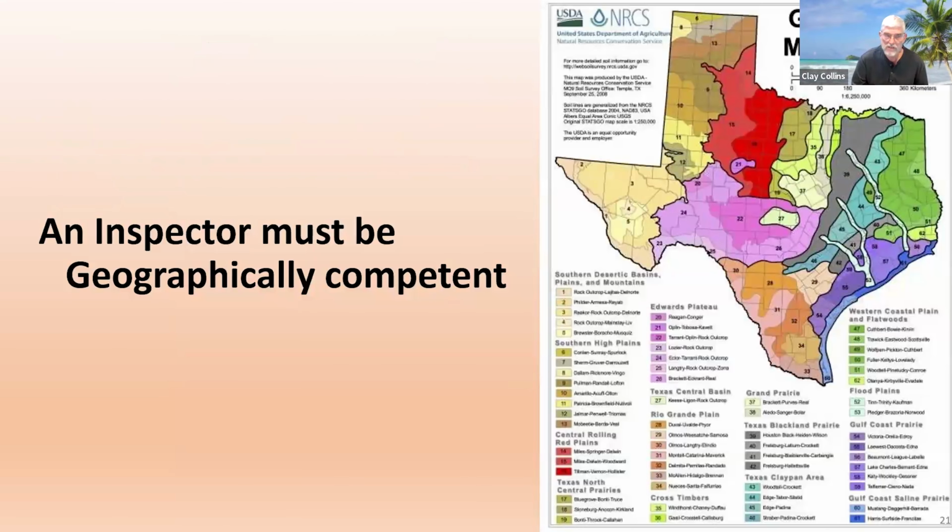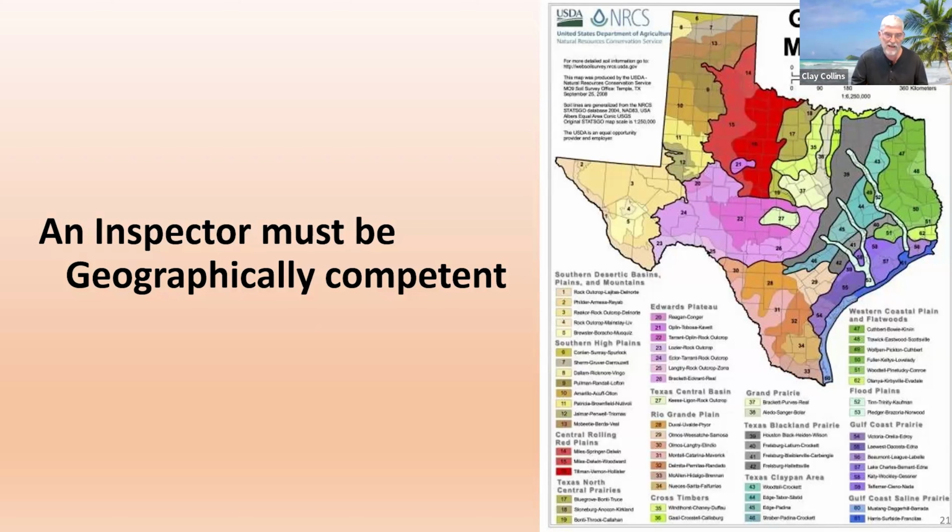The SOP, the standards of practice for agents and inspectors, says that you must be geographically competent. Where it says that is specifically for agents and brokers, but the subtext is that it's for all licensees, so that would be us.